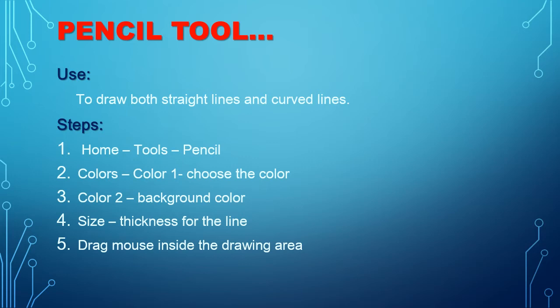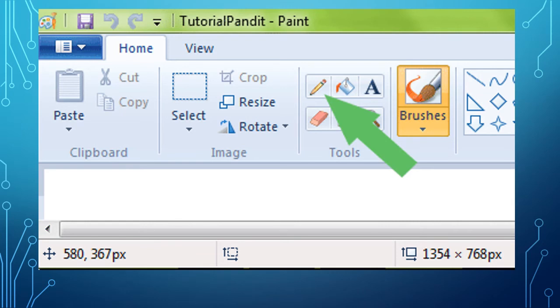I'll explain once again about this pencil tool. See in this picture, one arrow mark is there, near that one pencil shape is there, right? That is the pencil tool. On the Home tab, this is the Home tab. In this Home tab, the Tools group, that is the Tools group.